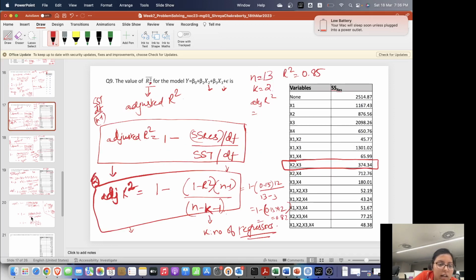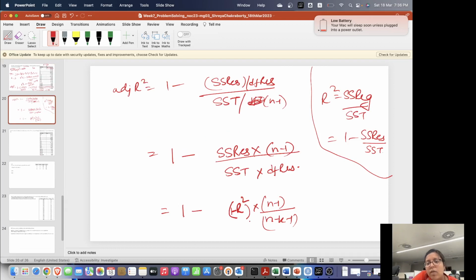Here I've written correctly. This is the equivalence thing. It's clear? Okay. I'm sorry, that was a mistake on my part.